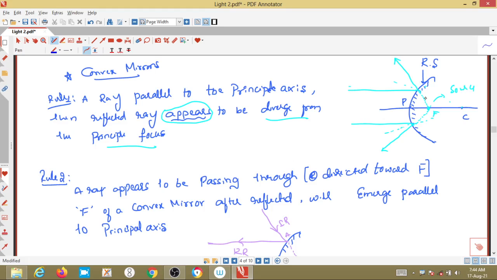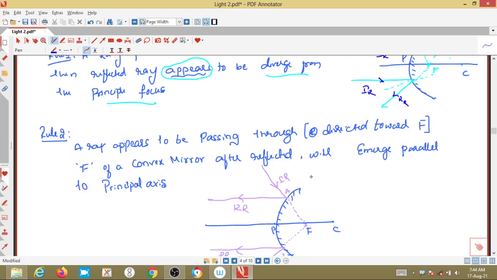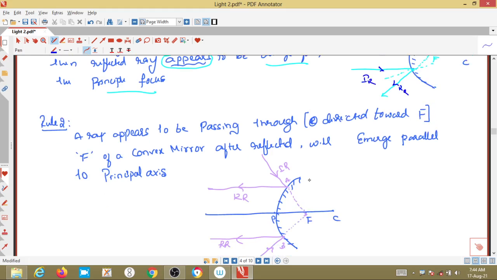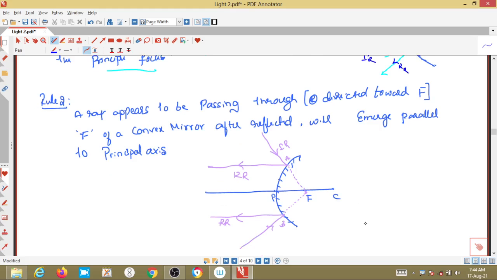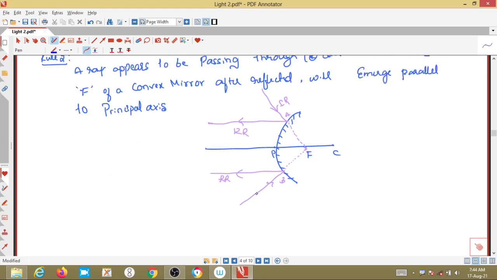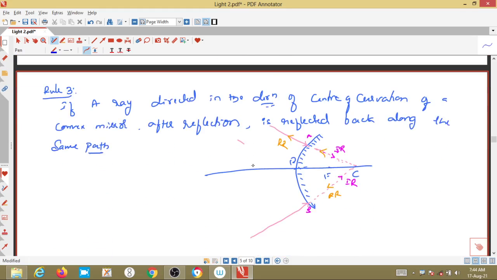It is not actually focusing here, but it appears to be focused on this particular focal point. That we have studied. This is the incident ray, this is the reflected ray. Then rule number 2: when an incident ray appears to be focused at a point, then the reflected ray is parallel to the principal axis. These are certain rules we have studied.